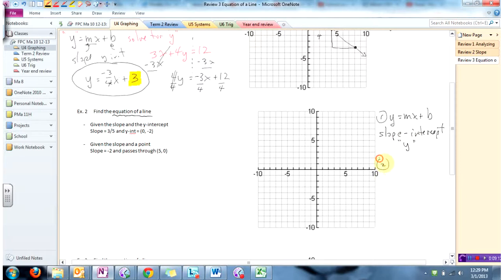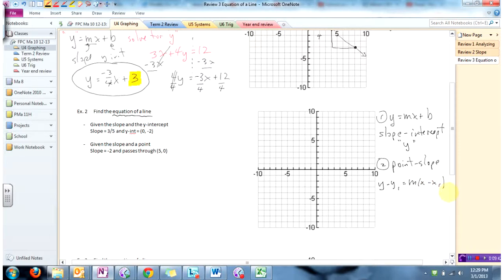But we needed a second equation because remember we talked in class, what if you don't have the y-intercept? What if you have the x-intercept? Or what if you have a different point? So that's when you have what's called a point, any point, and the slope. And we have a different formula for that. It's actually the formula for slope rearranged, and it's y minus y1 equals m times (x minus x1).